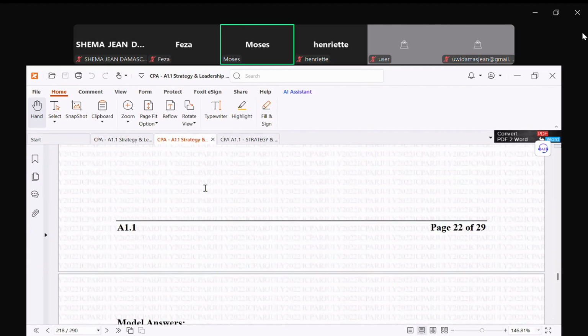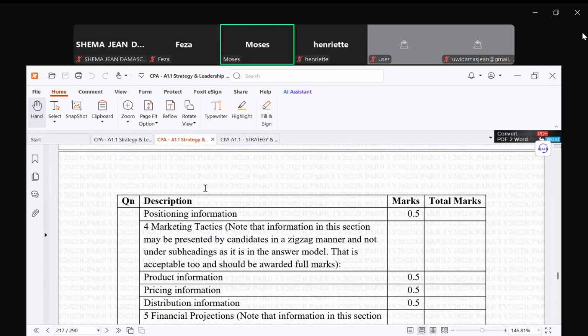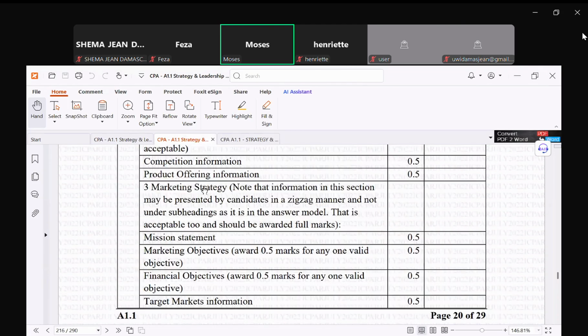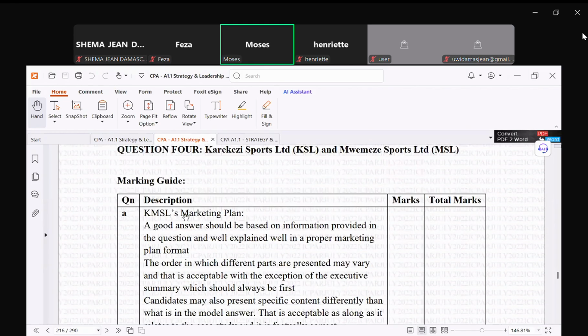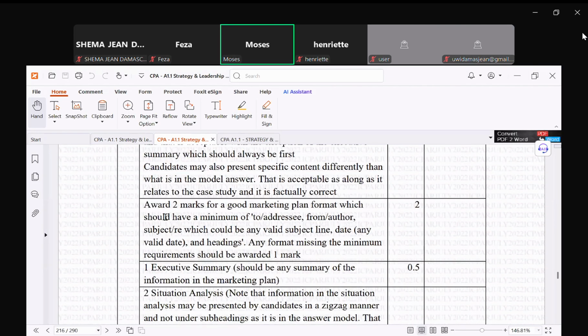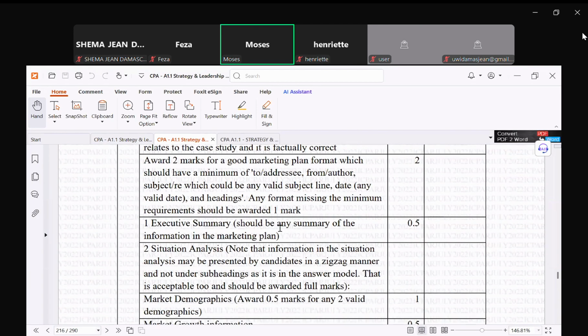Because if you go into the marking guide, you will see that for question number 4, they say award 2 marks for a good marketing plan format, which should have a minimum of, okay, this is something else.